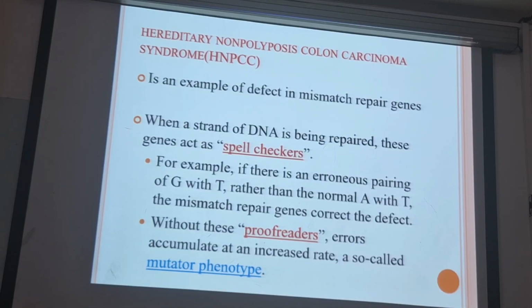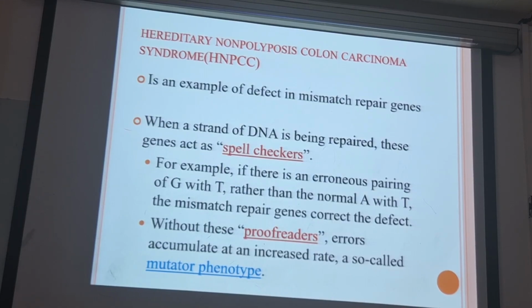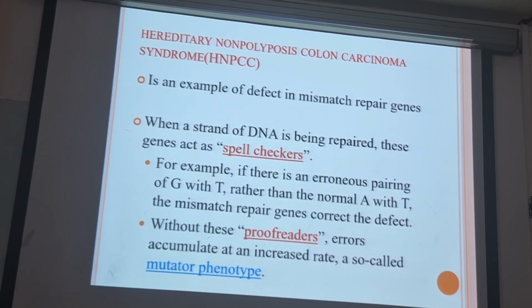A good example for a mismatch repair gene is HNPCC. HNPCC is hereditary non-polyposis colon carcinoma syndrome. These patients are young patients with a malignant tumor in their colon. They have no polyposis in their colon.